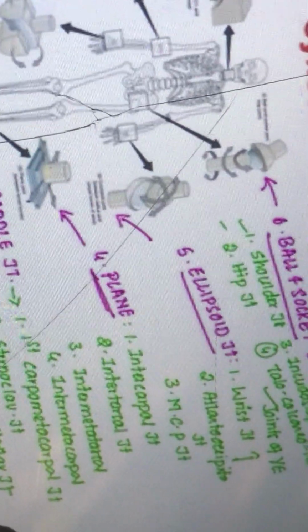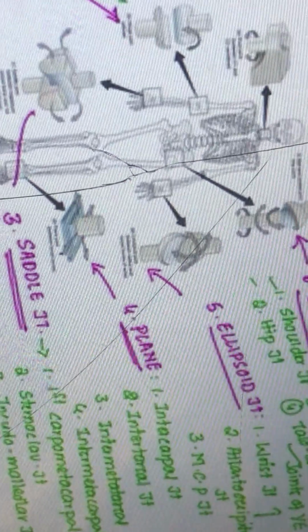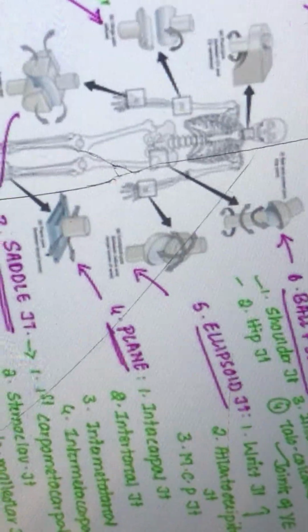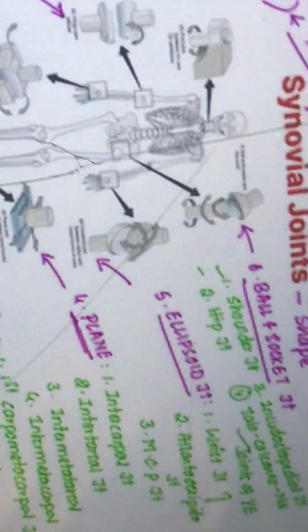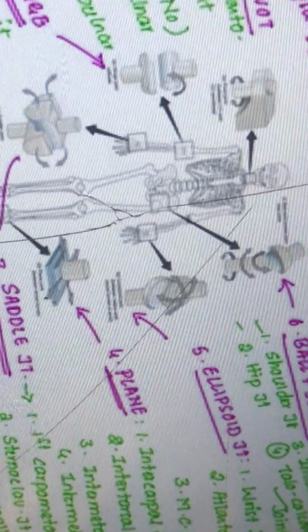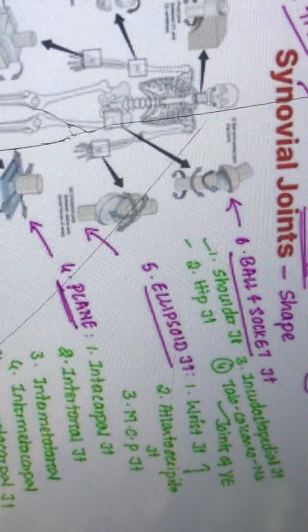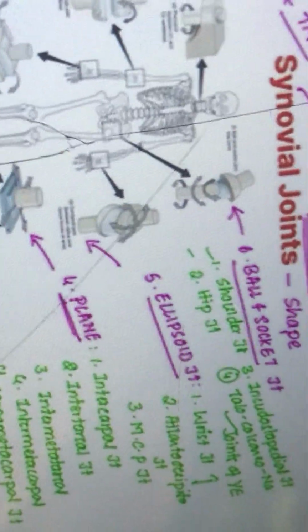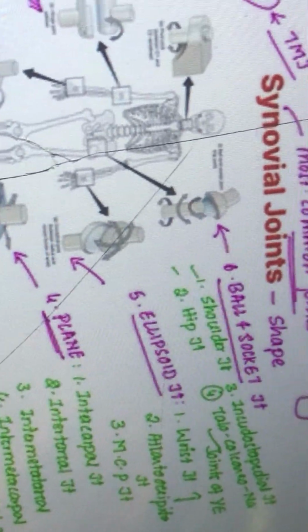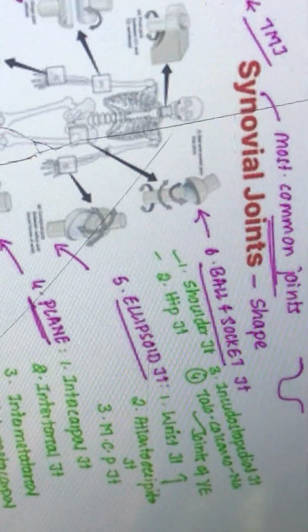Right? So for each type of synovial joint, you must know the examples. They will give a name of a particular joint and they will ask you to identify which type of joint it is. For example, they'll give you a median atlanto-axial joint and they will ask you which type of joint the median atlanto-axial joint is. So you have to identify the type.